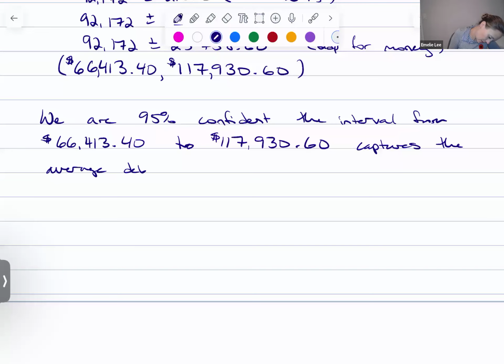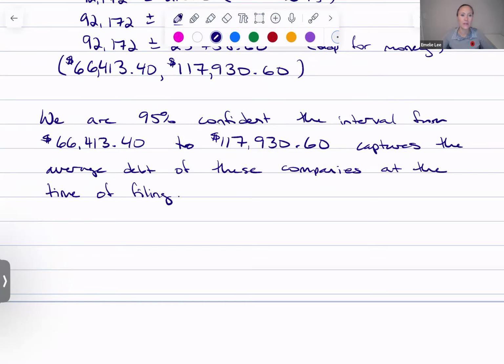I'm taking issue with these companies, but I just want you to reword the question as an answer, so we'll ignore it. Captures the average debt of these companies at the time of filing. Nice. Okay, good.